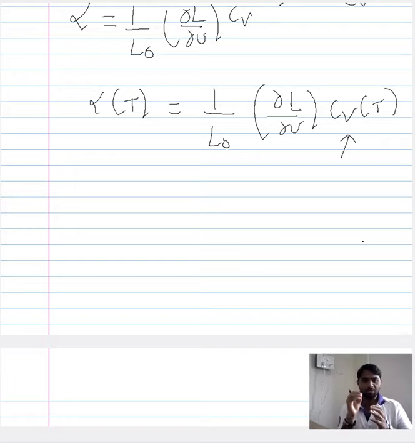Depending on how the heat capacity of a material changes with temperature, the coefficient of thermal expansion would also follow the same trend.